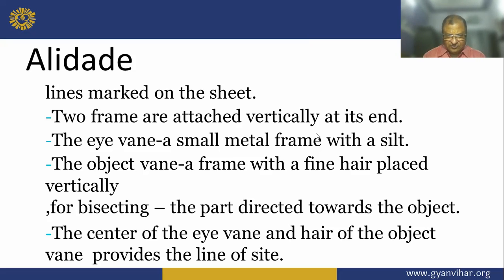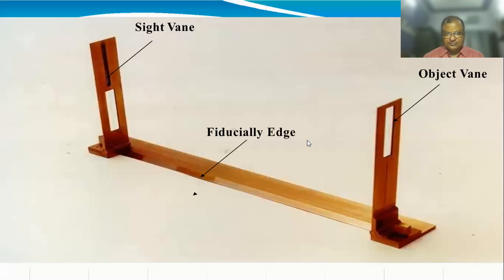The center of the eye vane and the hair of the object vane provide the line of sight. Now, sight vane, ruling edge and object vane.